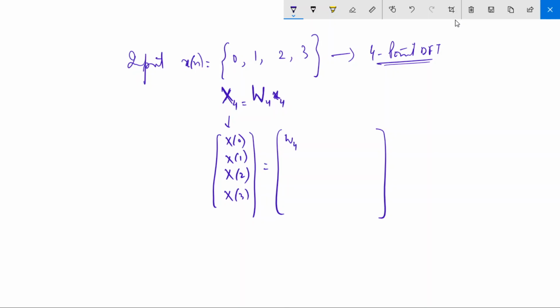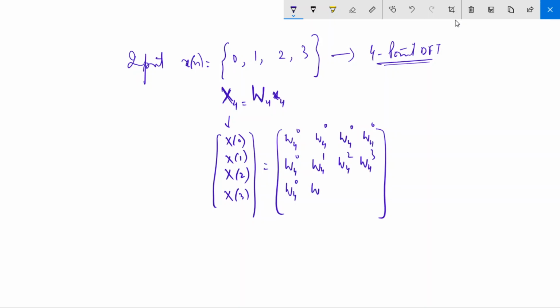It will be w4 to the power 0, w4 to the power 1, sorry, in the first row it is 0 everywhere, all zeros, power is 0. Then w4 to the power 0, w4 to the power 1, w4 to the power 2, 3.